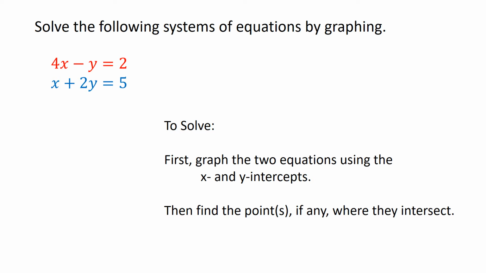Another way is you could use y equals mx plus b. That would allow you to find the y-intercept, and then you would just use the slope, or the number in front of the x when you solve for y, to know how far to go up or down and left or right. So either method is perfectly fine. Here I chose to use the x and y intercepts.